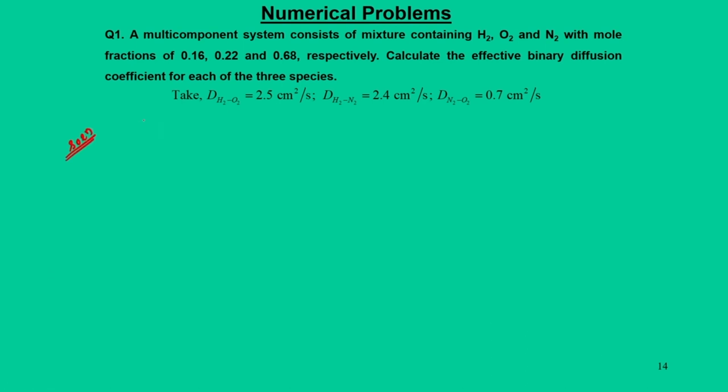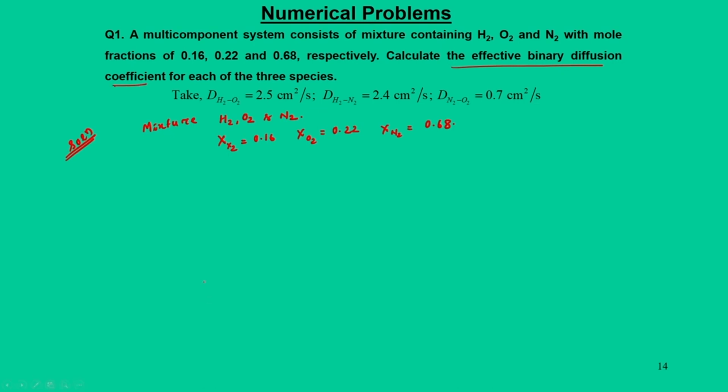The mixture contains H2, O2 and N2, and their mole fractions are x H2 equal to 0.16, x O2 equal to 0.22, x N2 equal to 0.68. We need to calculate the effective binary diffusion coefficients.